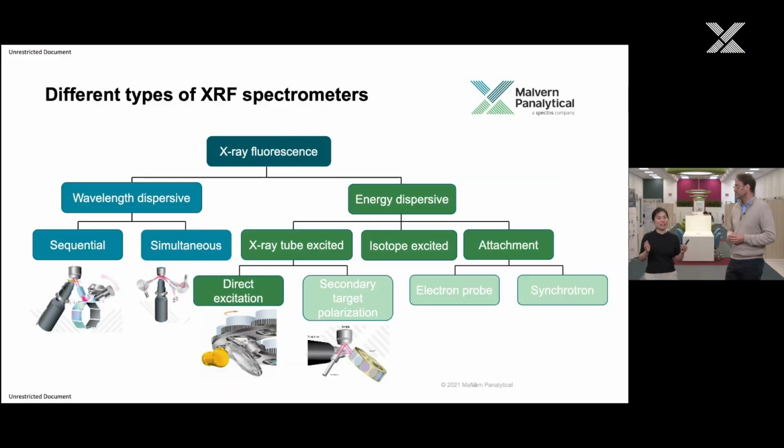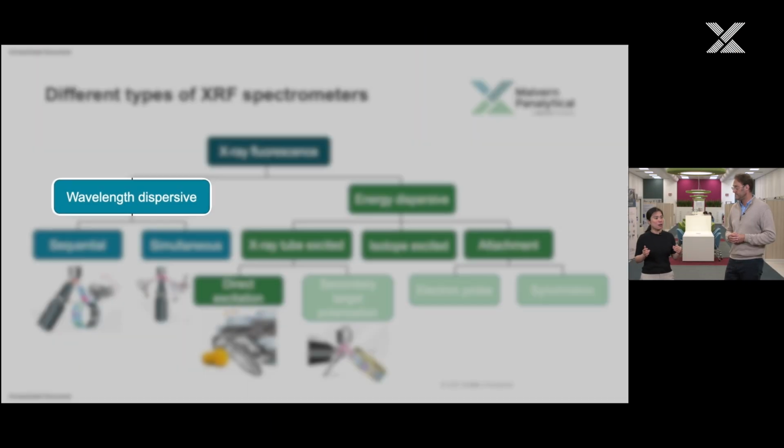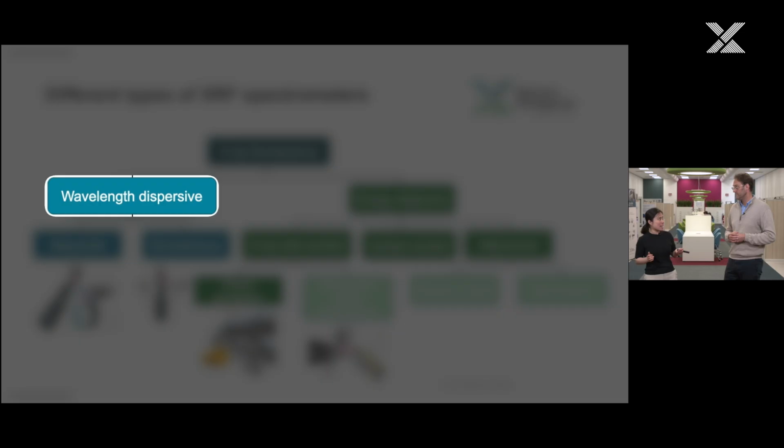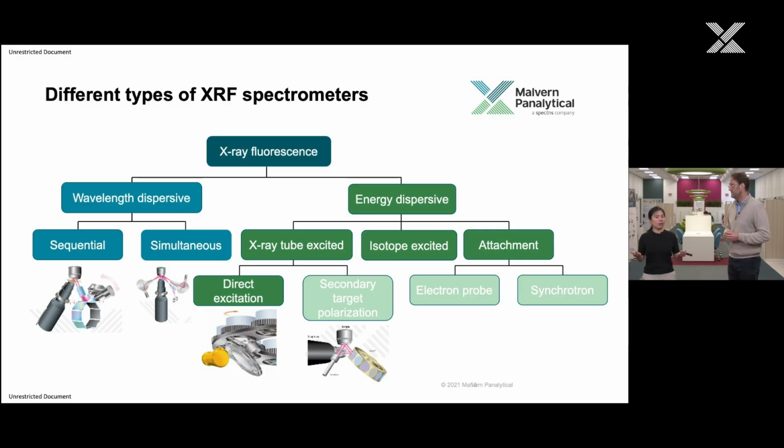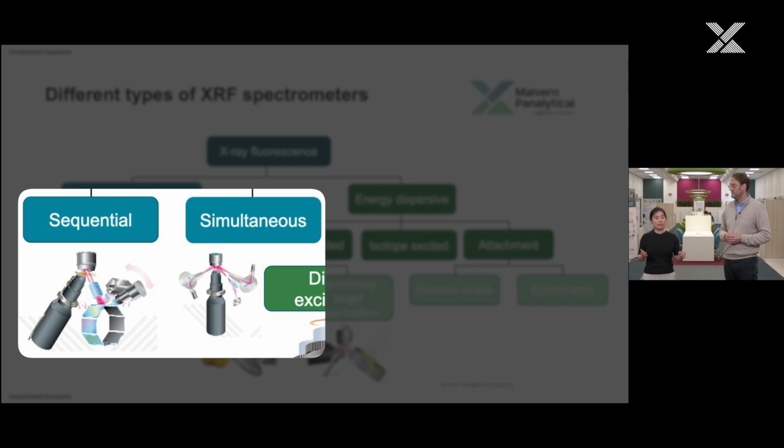Generally speaking, there are two types of XRF: wavelength dispersive XRF and energy dispersive XRF, both very common on the market, of course. Under wavelength dispersive XRF, there are also sequential and simultaneous types. The sequential one is like our Zetium.